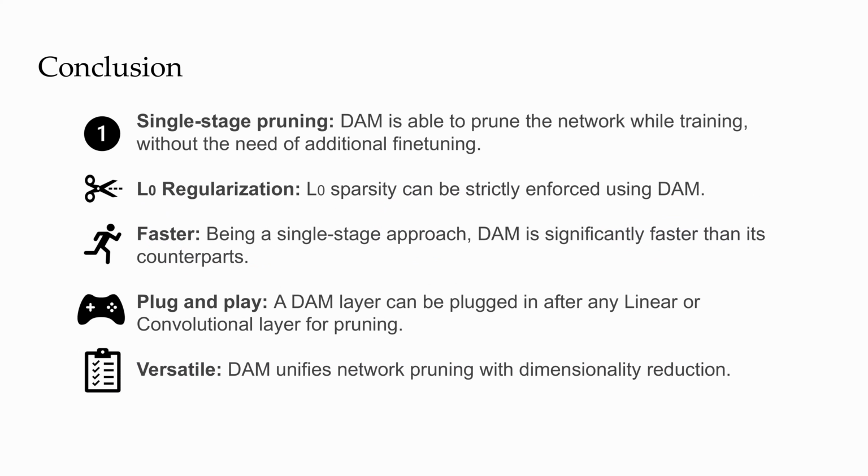In summary, we propose discriminative masking, which performs remarkably well over various applications of network pruning and representation learning, showing the versatility of our approach. DAM achieves state-of-the-art performance for structured pruning. Our approach is single-stage, does not require fine-tuning, does not suffer from training instabilities, and is also significantly faster than its counterparts.